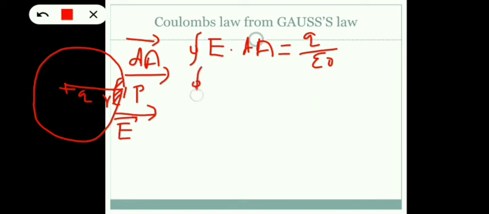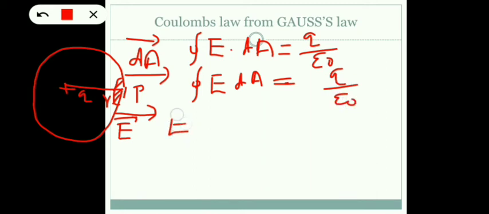Okay, now we can apply Gauss's law. What is Gauss's law? Closed integral E dot dA is equal to Q by epsilon naught. Now when you expand this E dot dA, you will get integral E dA, because the angle is 0, so cos 0 is 1, equal to Q by epsilon naught, right? Then electric field intensity is constant, so it can be taken outside the integral. Then you will get E integral dA equal to Q by epsilon naught.